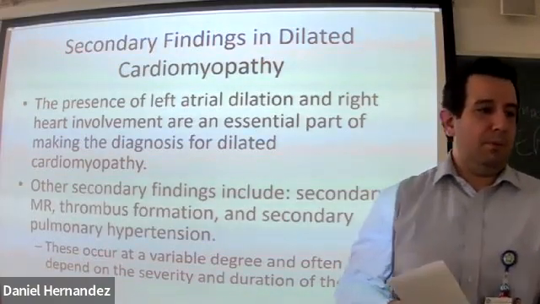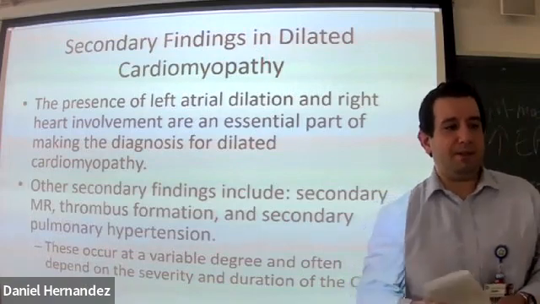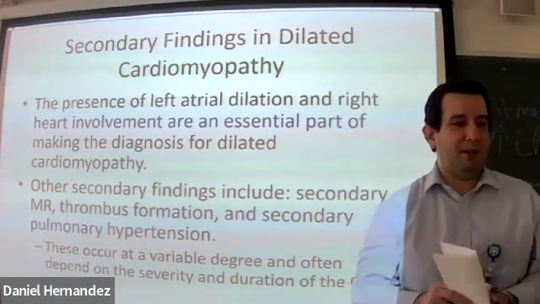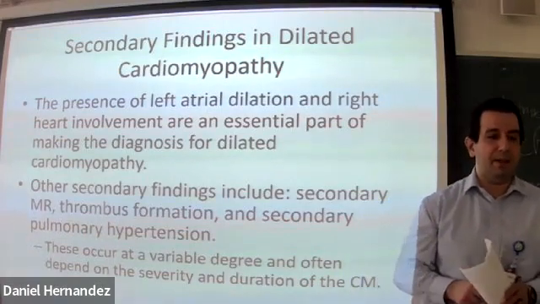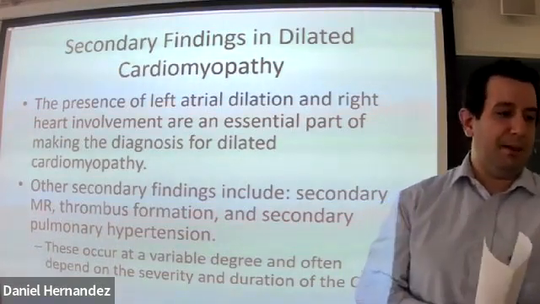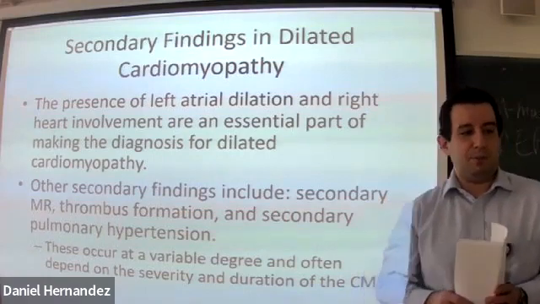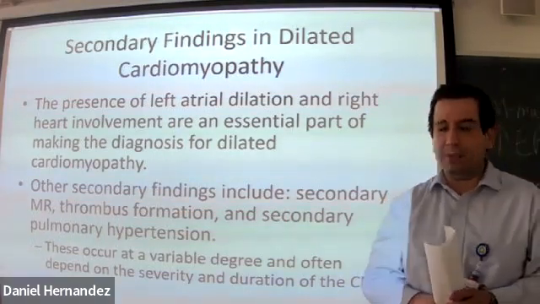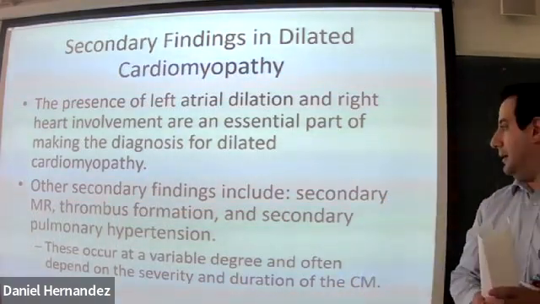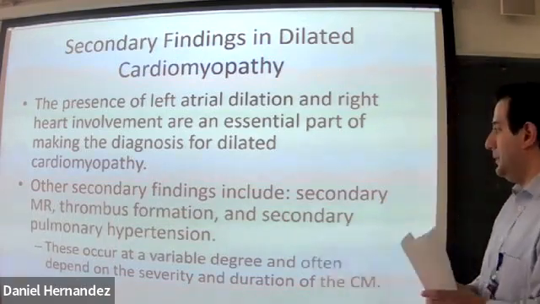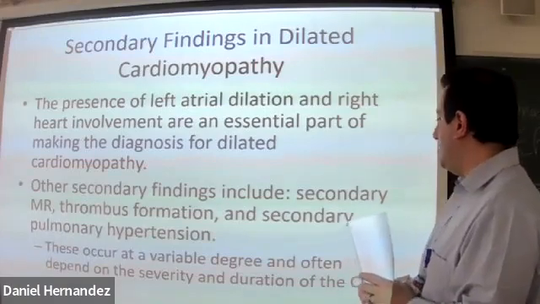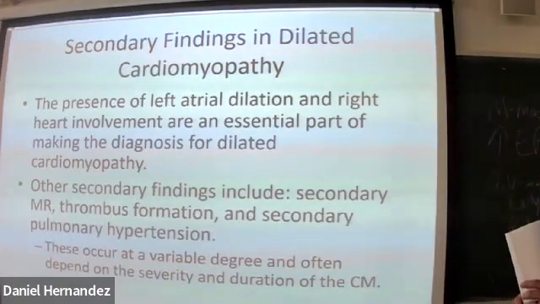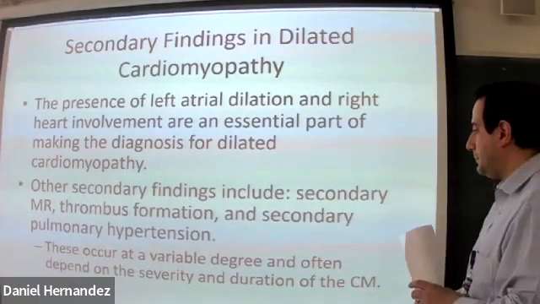So also, when we're talking about secondary findings, the presence of left atrial dilatation and right heart involvement are also essential parts of making a diagnosis for dilated cardiomyopathy. And just remember, there are some other secondary findings we might encounter, like mitral regurg, it's almost a given, the risk of thrombus formation, and secondary pulmonary hypertension.